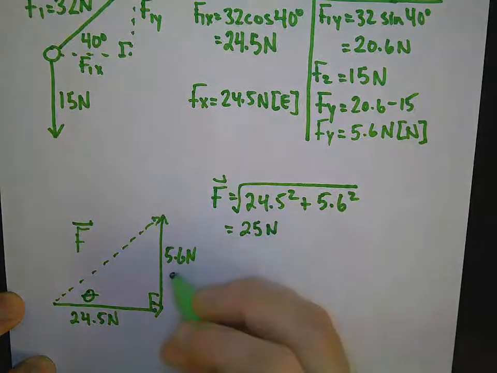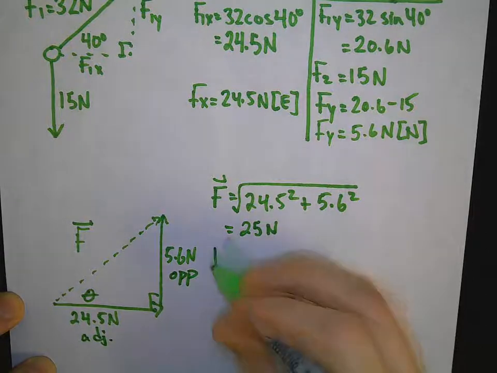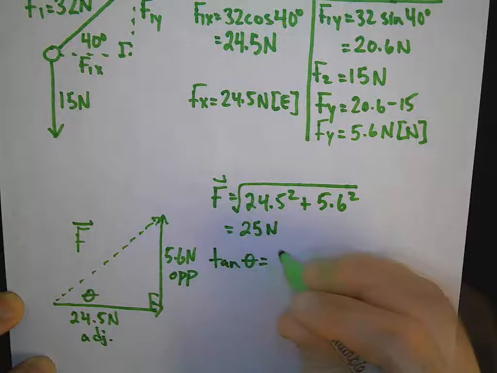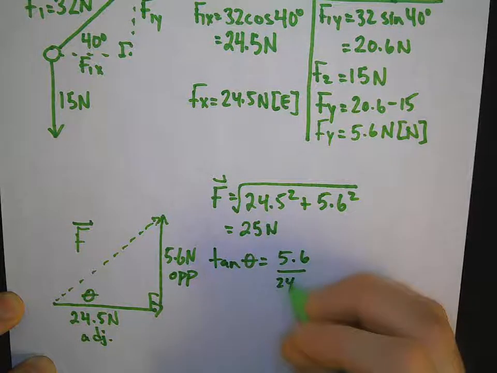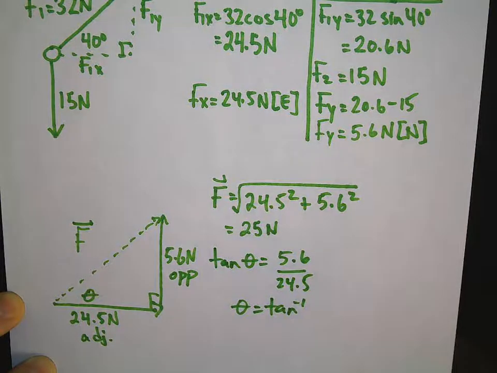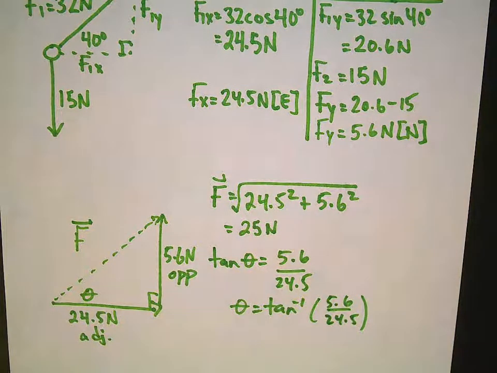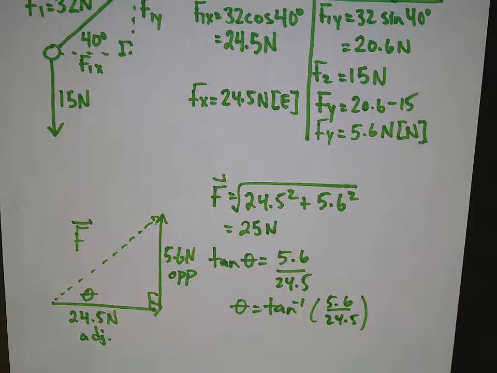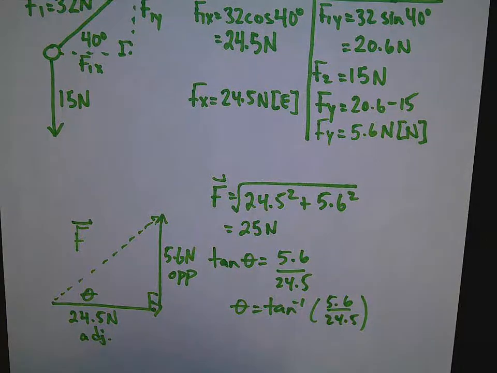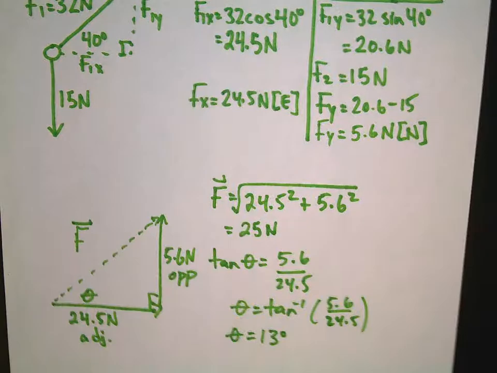And same as before, opposite and adjacent tells me in trig that would be tan theta as 5.6 over 24.5. So theta is tan inverse of these two divided by each other. And calculating that, theta is 13 degrees.